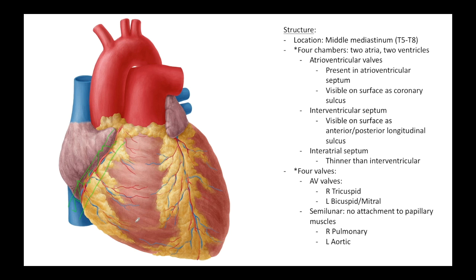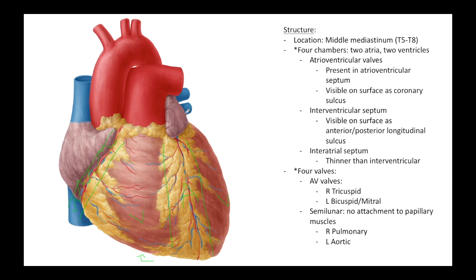And then in between the 2 ventricles, there is an interventricular septum, and this is visible on the surface of the heart as the longitudinal sulcus, either the anterior one that we see here or the posterior one on the back.